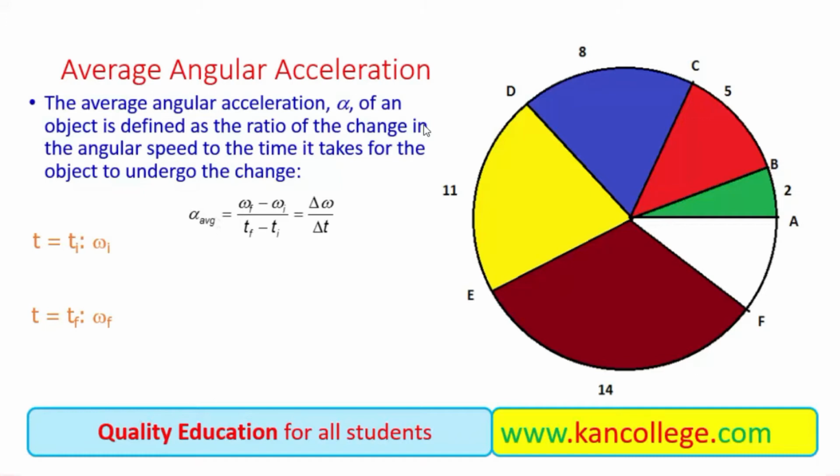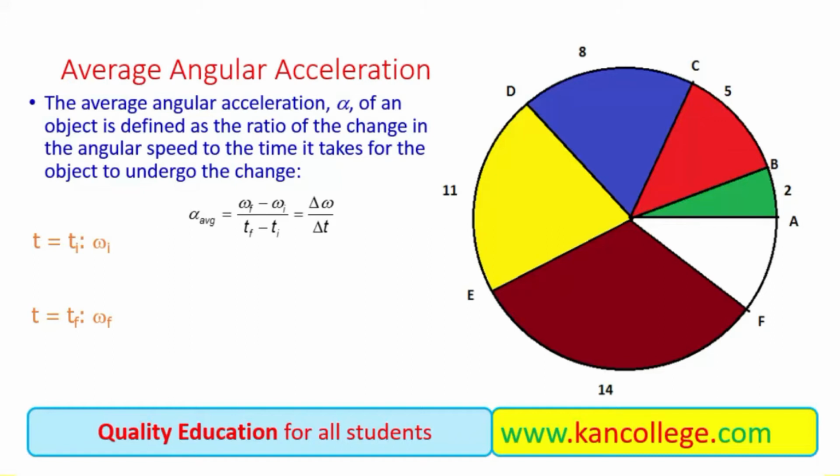So angular acceleration is defined as the ratio of change in angular speed to the time it takes, or it is actually the change in angular speed in 1 second. If someone says that a body is moving with acceleration, it means that it is increasing its speed.